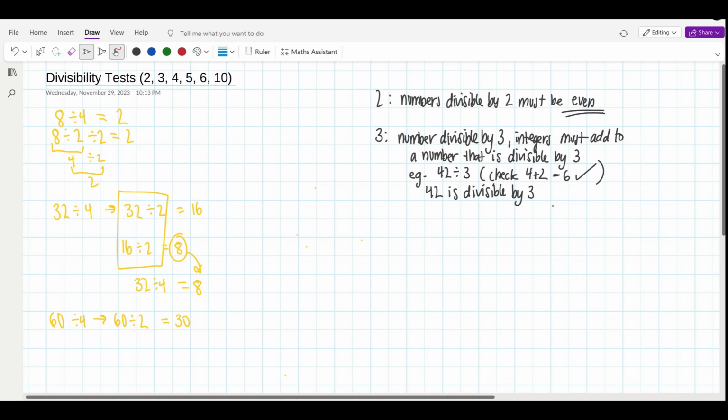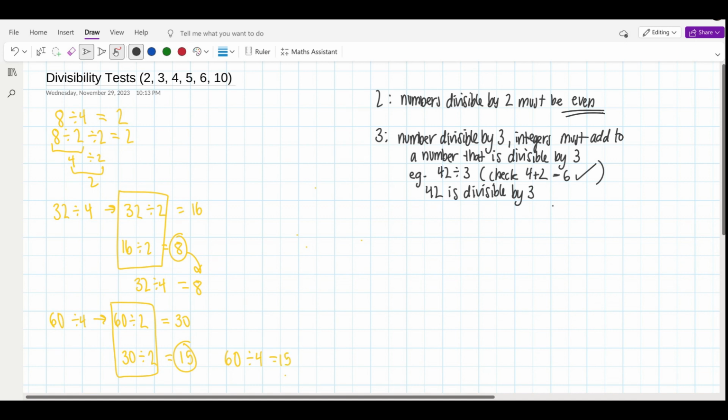Now our second step is to check if 30 is even and can therefore be divided by 2. Now 30 is even, which means we can divide it by 2 again. Half of 30 gives us 15. Now once again, these are our two different steps to check that we can divide by 4, and this will be our answer. So we can rewrite it as 60 divided by 4 gives us 15.